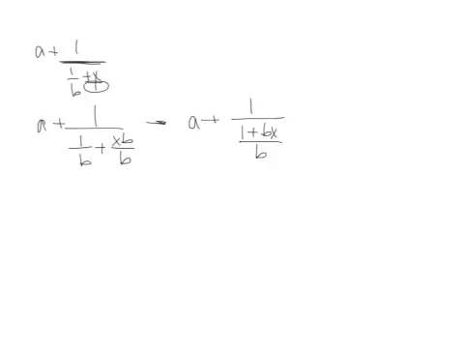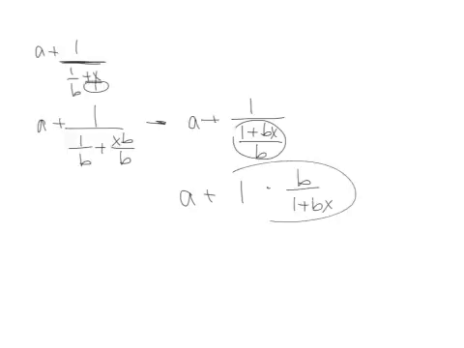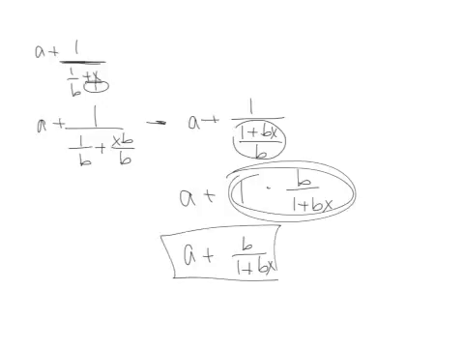Now I'm going to take this and invert it and multiply. So a plus 1 times b over 1 plus bx. So I'm going to combine those. So when you multiply those, you're just multiplying by 1. Now I'm going to look and say, okay, now in order to combine these two, I have to have a common denominator.